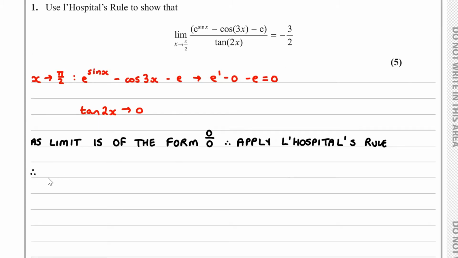So therefore, we have the limit as x tends towards pi over 2 of e to the power of sine x minus cos of 3x minus e over the tangent of 2x.